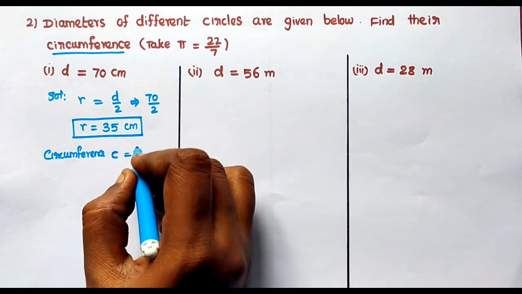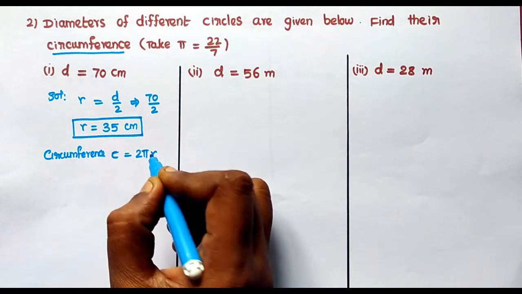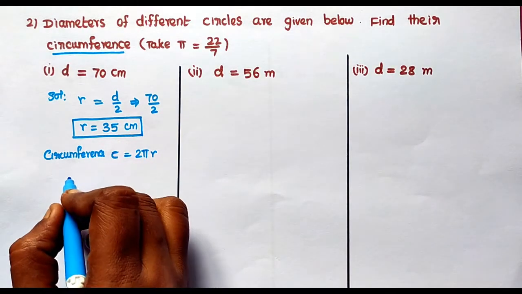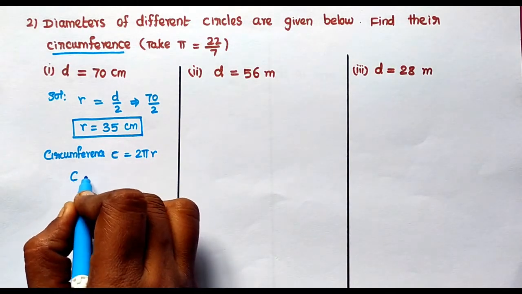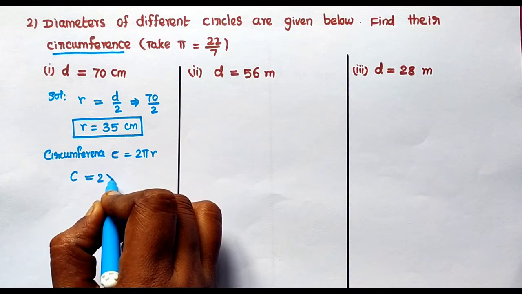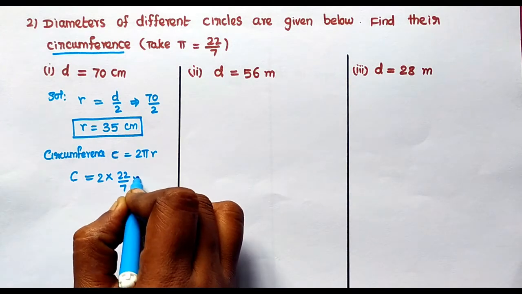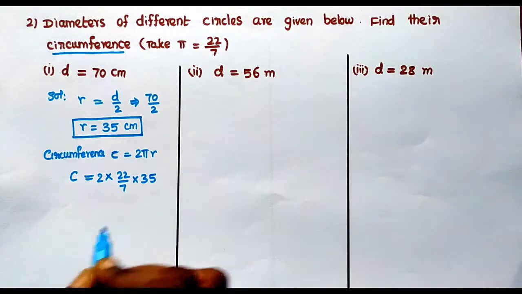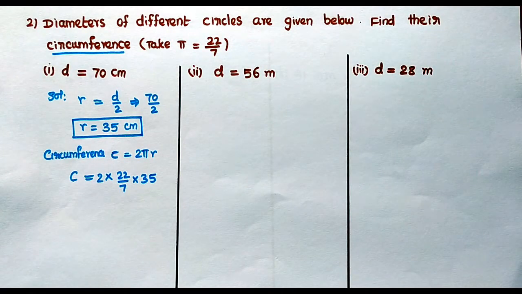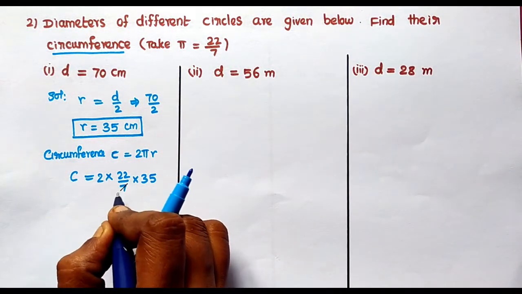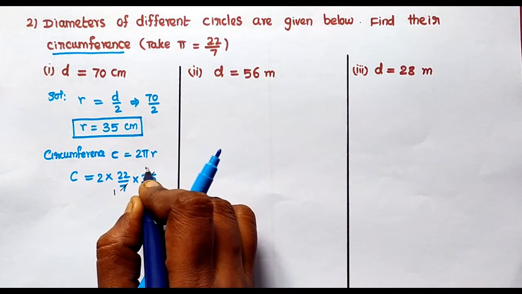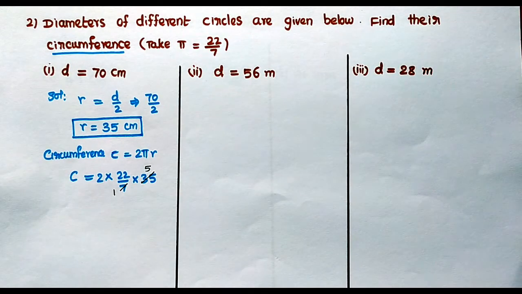Now circumference. C equal to 2 pi r. Now C equal to 2 into pi value 22 by 7 into 35. Now cancel these numbers. 7 1s are 7, 7 5s are 35.